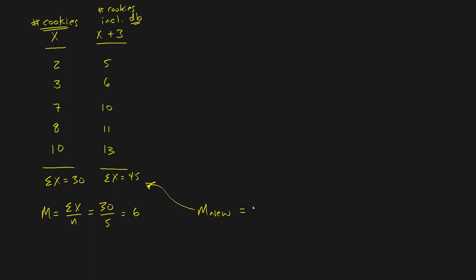So I'm going to have now the sum of x over n is going to be 45 over, it's still the same number of people, so it's still over 5, and so this comes out to be 9. So this is the long way of doing it, but it's not difficult. It's exactly what we did the first time we had to work out the mean.